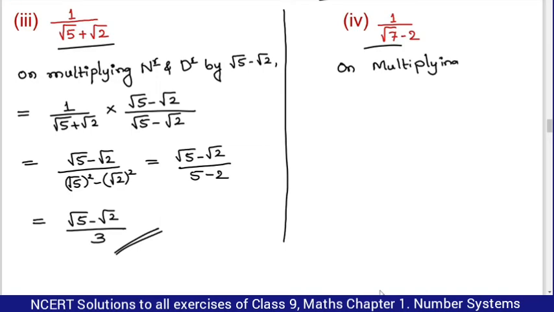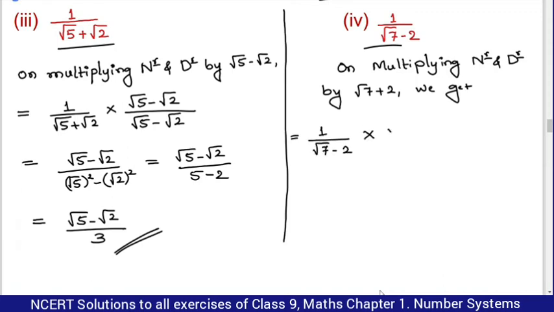Now fourth one, here on multiplying numerator and denominator by (√7 + 2), then we get 1 divided by (√7 − 2) into (√7 + 2) divided by (√7 + 2).